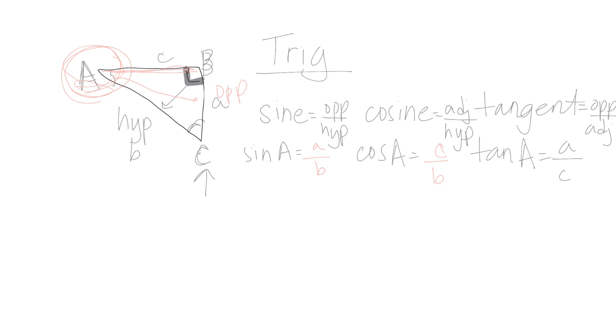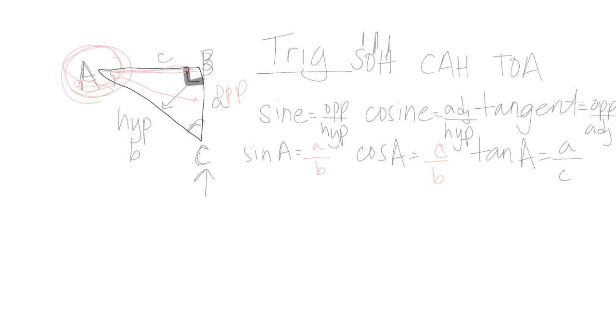And probably in geometry you learned it as Sohcahtoa. A lot of people use this to be able to remember which ratio goes with which trig function. So like for instance, S sine, O opposite, H hypotenuse.